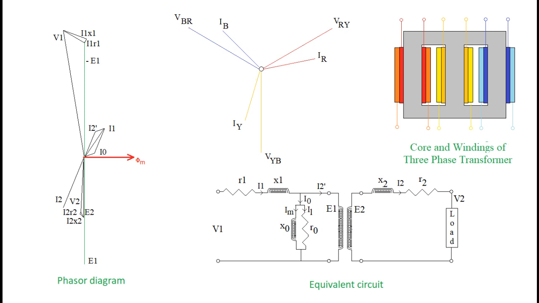The resultant flux is although zero, the independent components will act to induce EMF in both primary and secondary windings. Depending upon turns ratio, voltage would be either stepped up or stepped down.